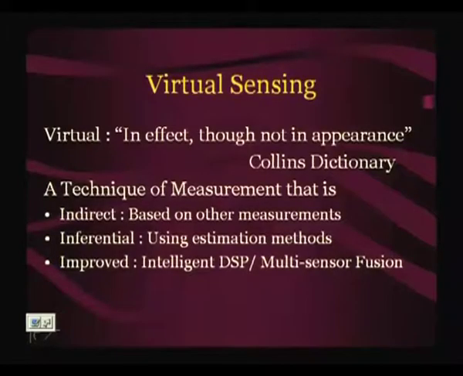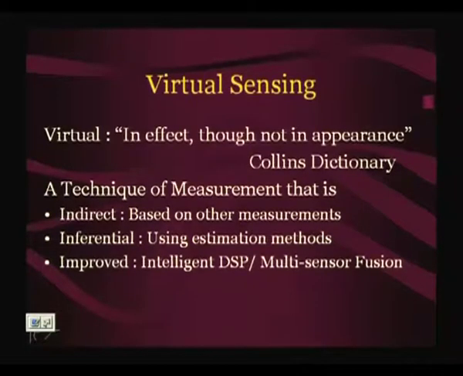So we introduce something known as virtual sensing, which is basically estimating a quantity. Since you are computing its value, it is a kind of measurement, but it is not real. As usual, I checked a dictionary and found that virtual means in effect, but not in appearance.